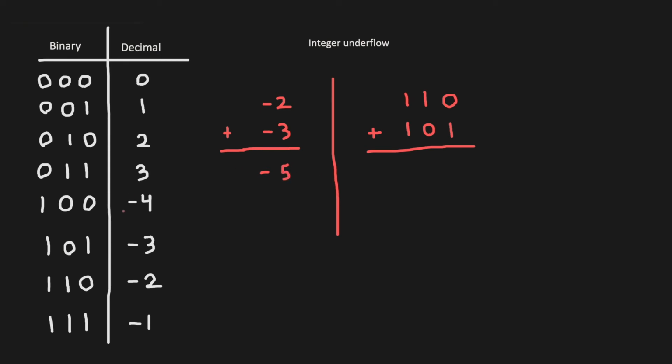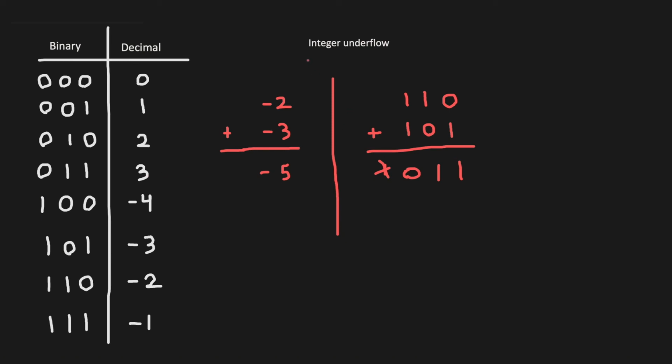However, we can only go to -4. So if we add these together again, we can get rid of the last bit. So adding -2 and -3 gives us 0, 1, 1, which will end up giving us 3. So instead of going -3, -4, -5, we underflowed to the maximum positive integer, so it went -3, -4, and then 3.